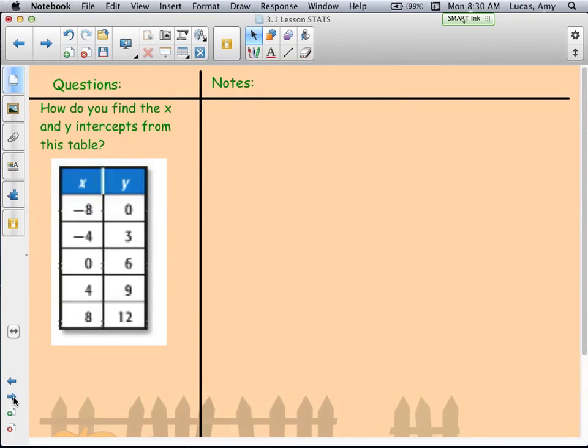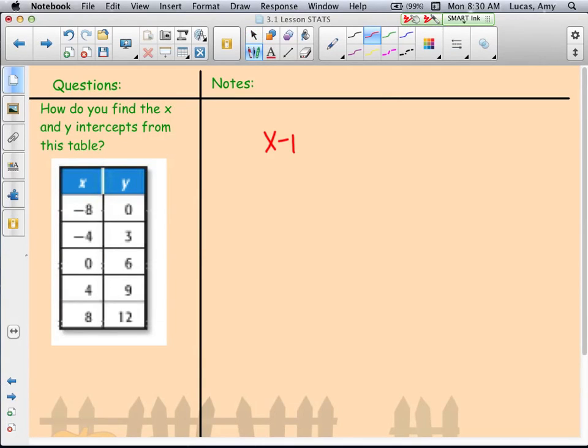All right, now from a table, you may have noticed that when we wrote our X and Y-intercepts as ordered pairs, the X-intercept always had a Y value of 0. So if I look for a Y value of 0 over here, I find it right at the top of the table.